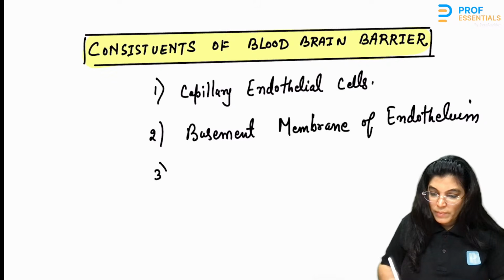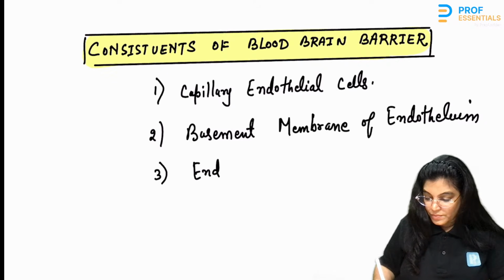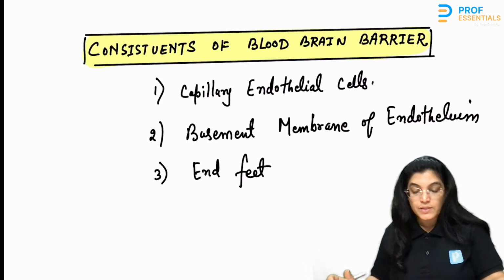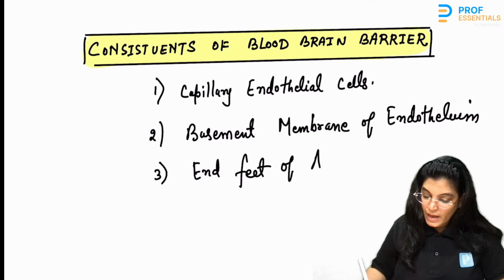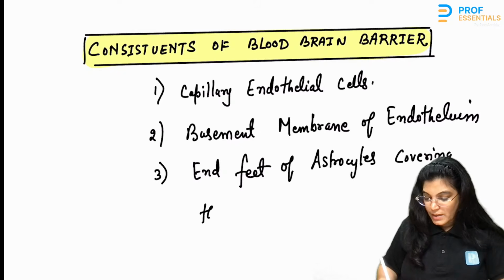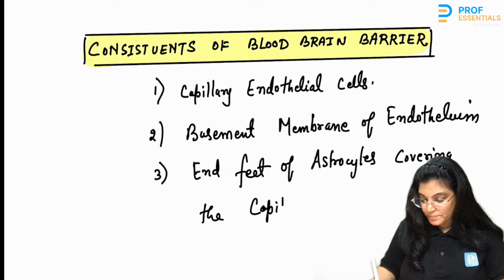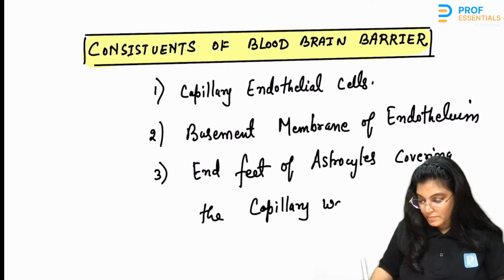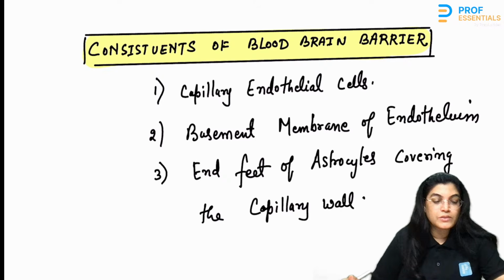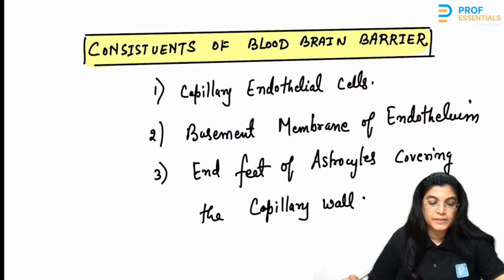It is formed by the end feet of neuroglial cells. Which neuroglial cells? Astrocytes. It is formed by the end feet of astrocytes covering the capillary wall. That is an important point about the constituents of the blood-brain barrier.